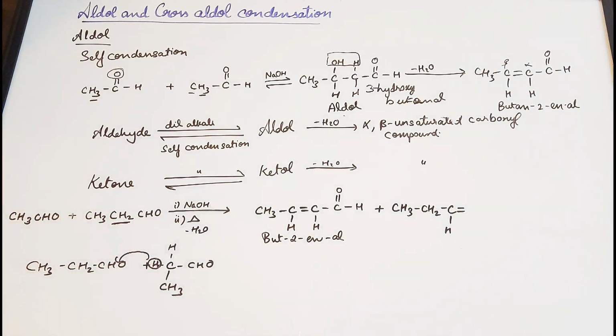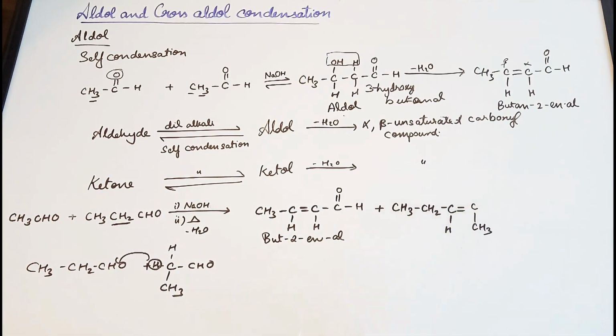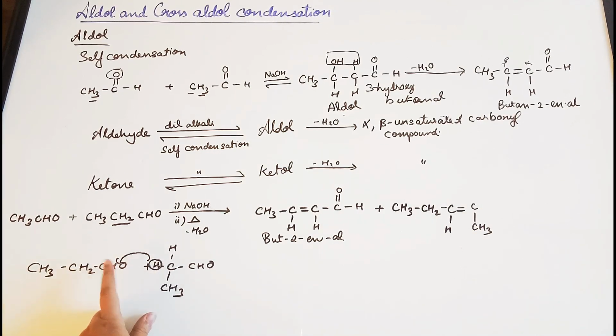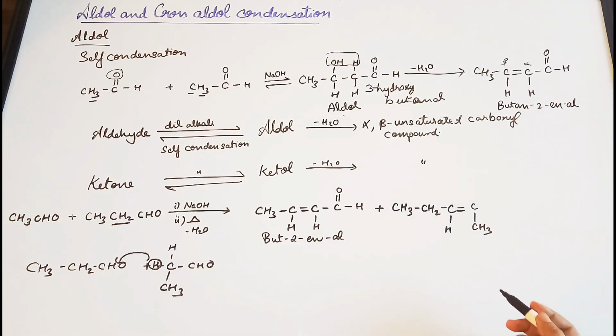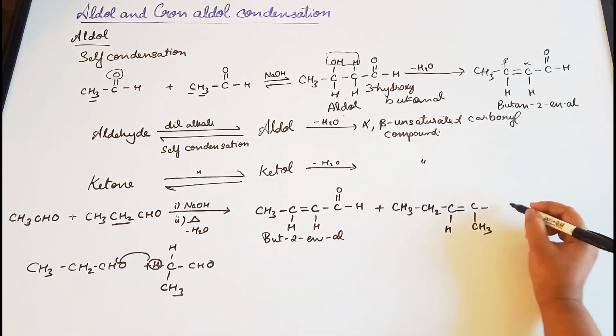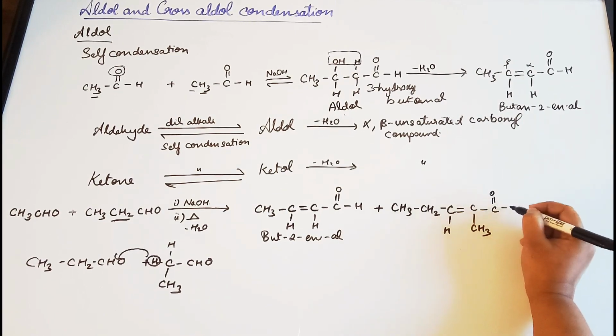Here this carbon atom is actually going to have a CH3 group attached to it, because it will lose the hydrogen atom first to the aldehyde, and the second hydrogen is going to get lost because of the removal of water. Okay, so here you will have a double bond, and then you have a CHO.